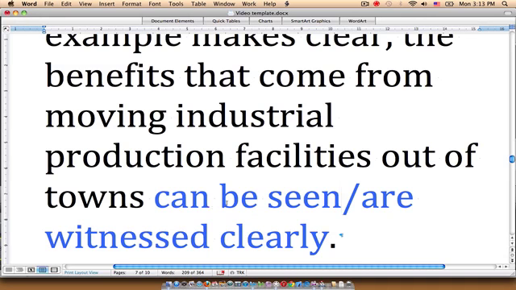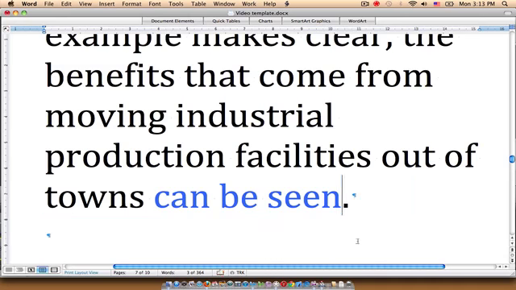If we say this example makes it clear that this is true, then this is something that can be seen. "Witnessed clearly" would not be a very natural-sounding phrase to use in this instance. So, "can be seen."